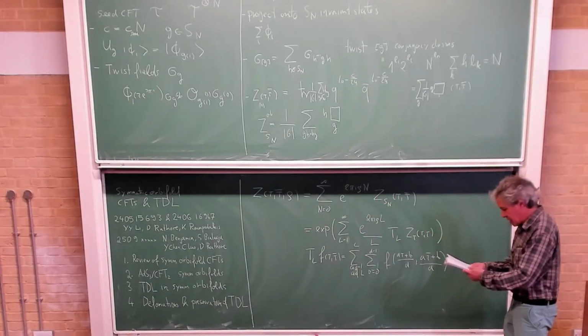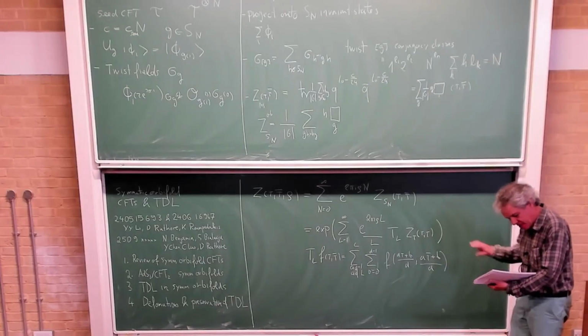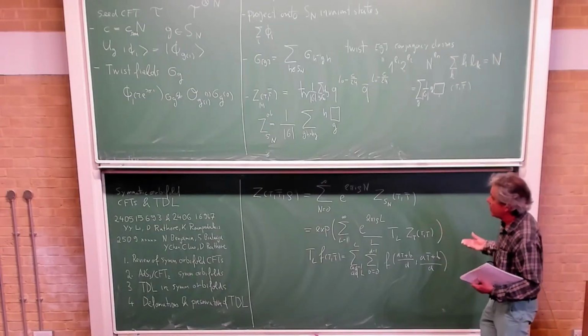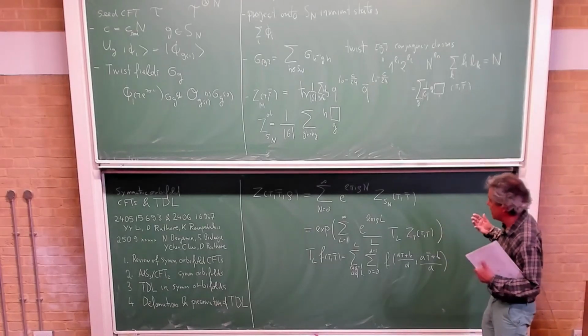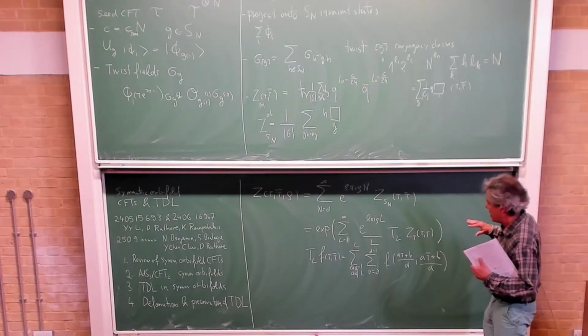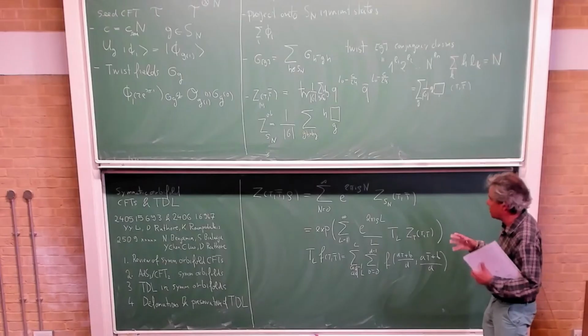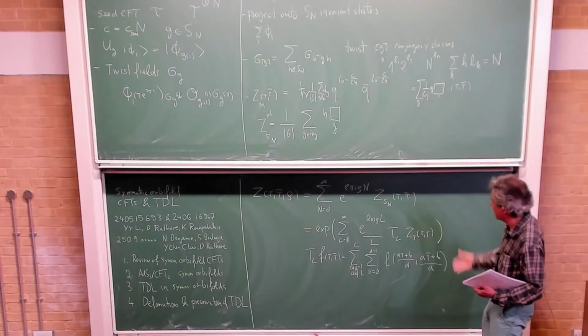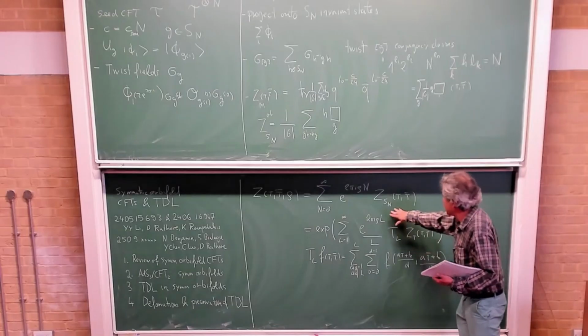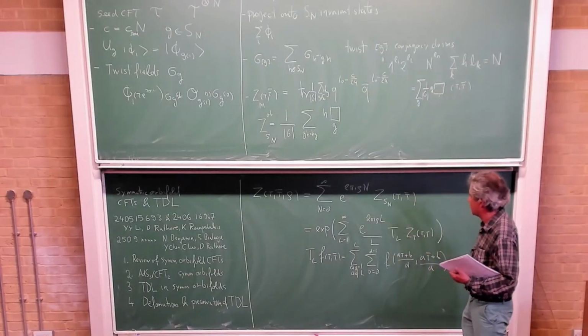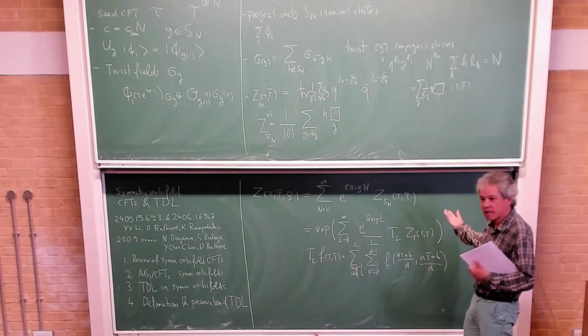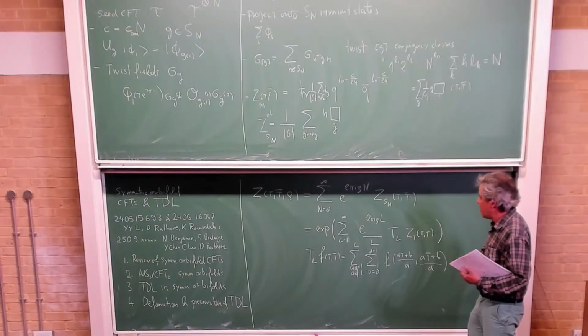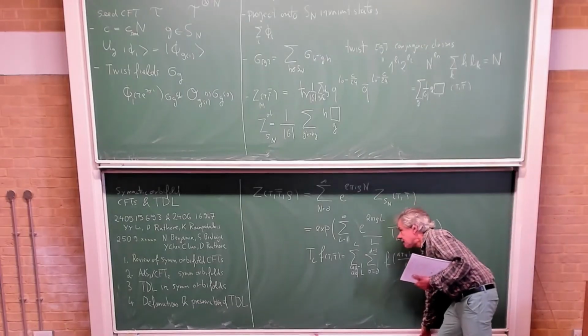Yeah. But the main point of what this formula says is that you look at the symmetric orbifold as having two spaces. There's the space where the conformal field theory, the original symmetric orbifold, is defined, and then there's a covering space.